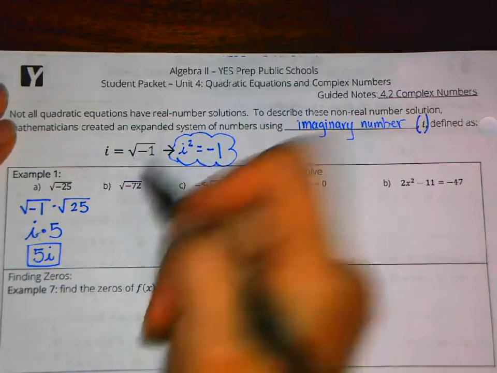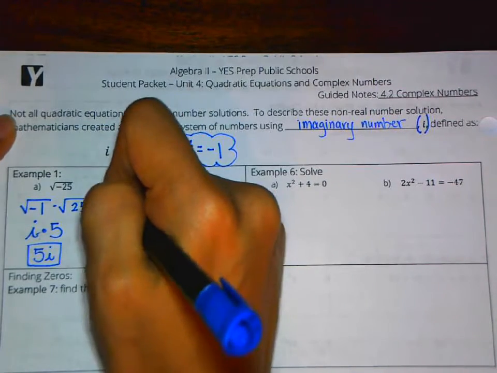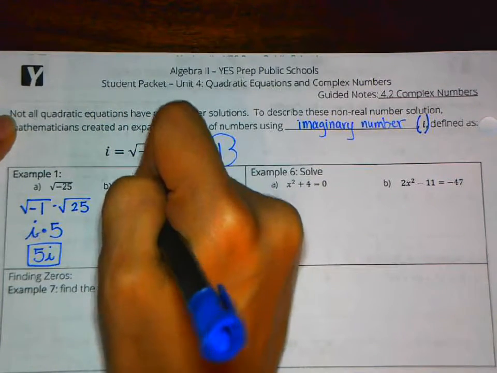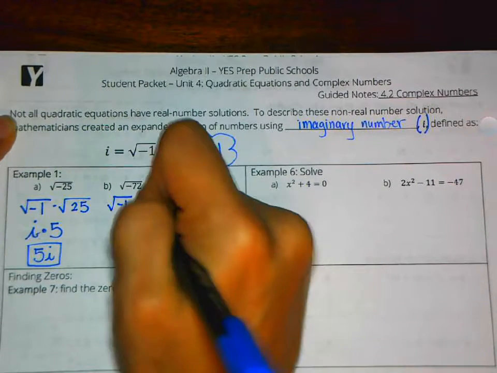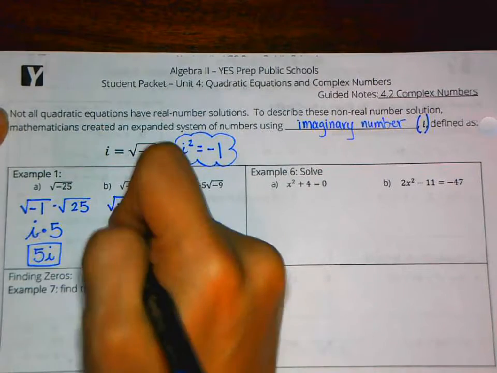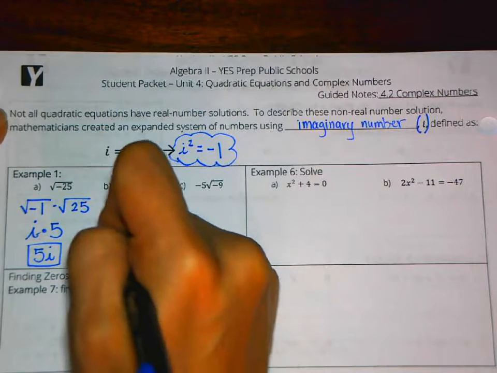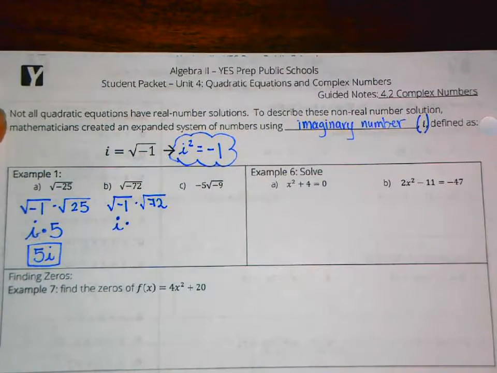Let's give the next one a try. Square root of negative 72. Again, I'm going to split it up into 2 square roots, a negative 1 times a 72. I know that square root of negative 1 is i times square root of 72. I've got to simplify that.